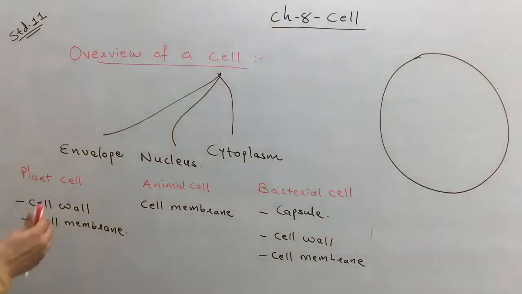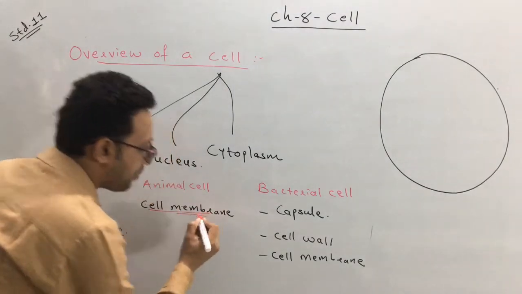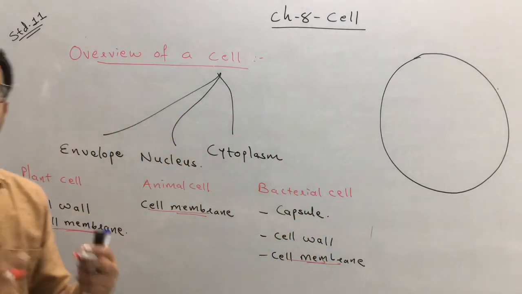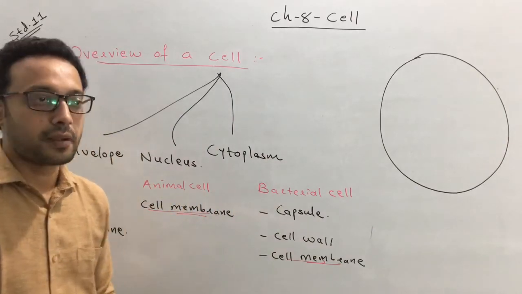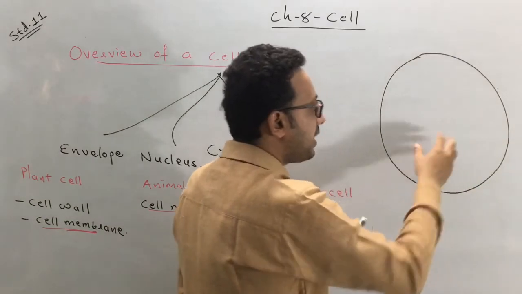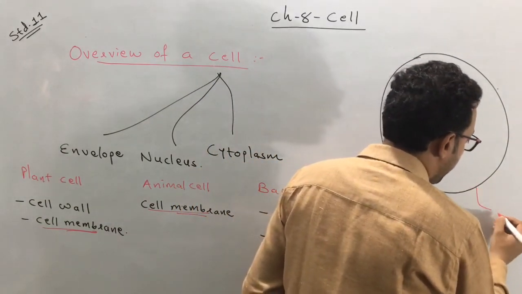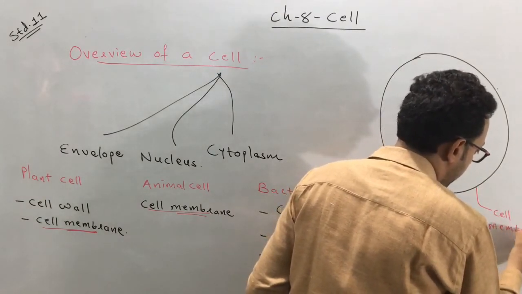That indicates that the cell membrane is present in all, whether it's a plant cell, an animal cell, or a bacterial cell. The innermost layer is called the cell membrane.